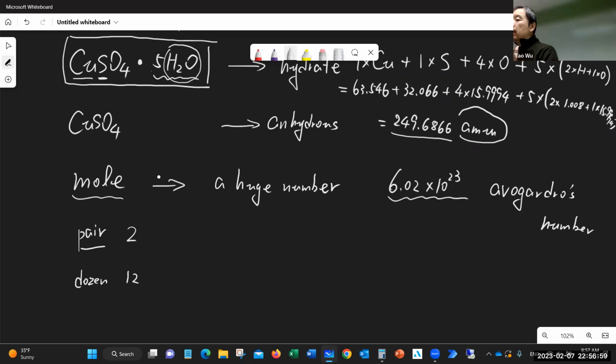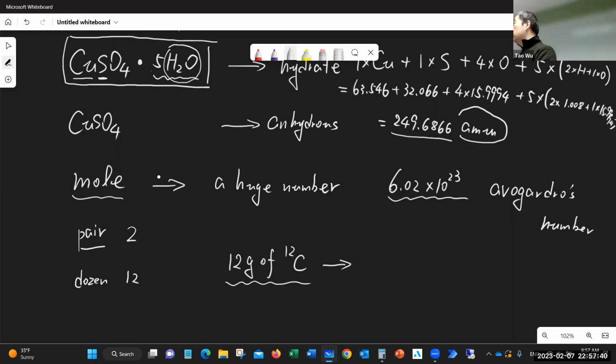Well, how do we determine this number? To be honest, it is an artificial number, which means this is by definition. People doing experiments figured out the number this way: if we weigh 12 grams of carbon 12, then the number of atoms in those 12 grams of carbon 12 is the Avogadro's number.